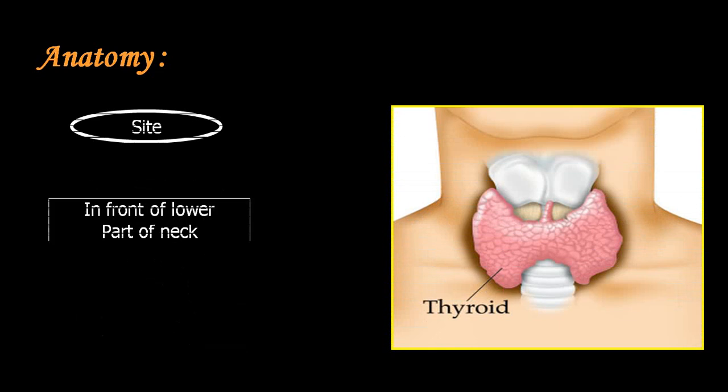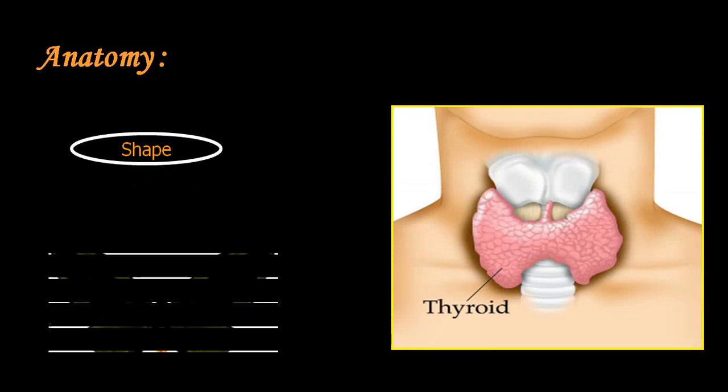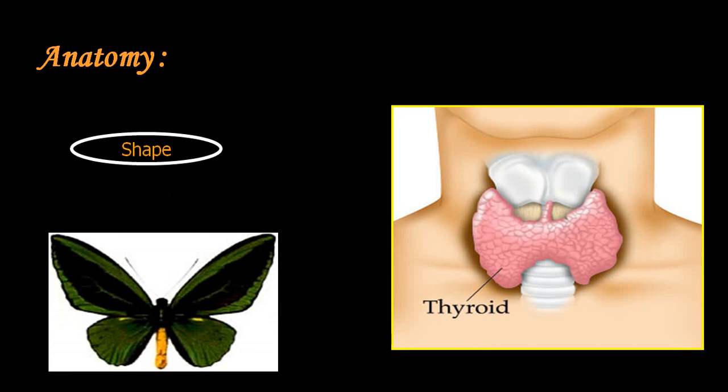In front of the lower part of the neck. Shape, it is described as a butterfly shape. The central part is isthmus, and on the two sides we have two lobes. So that is the shape of the thyroid gland.